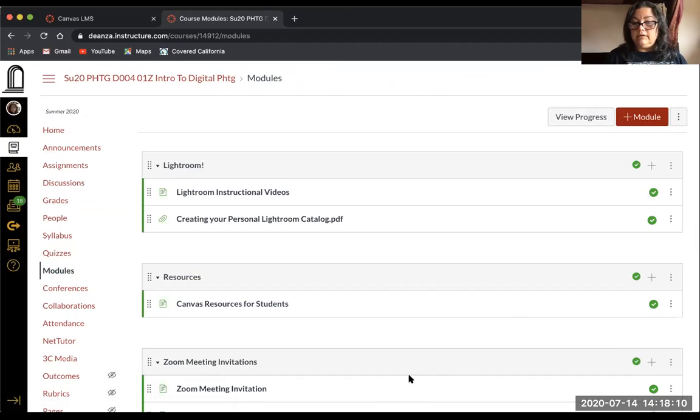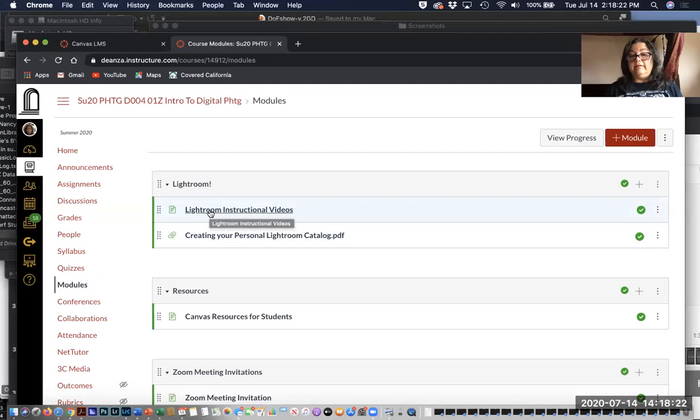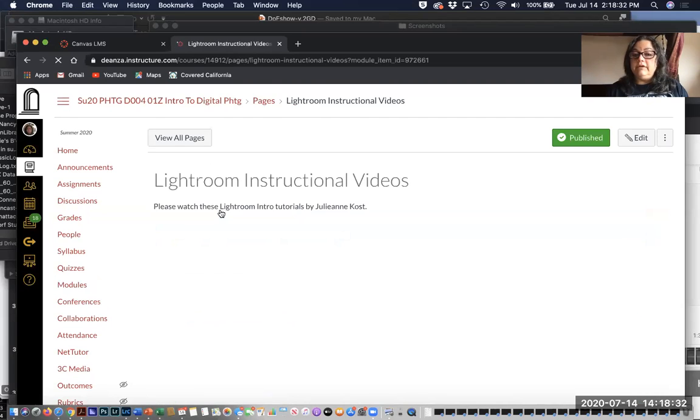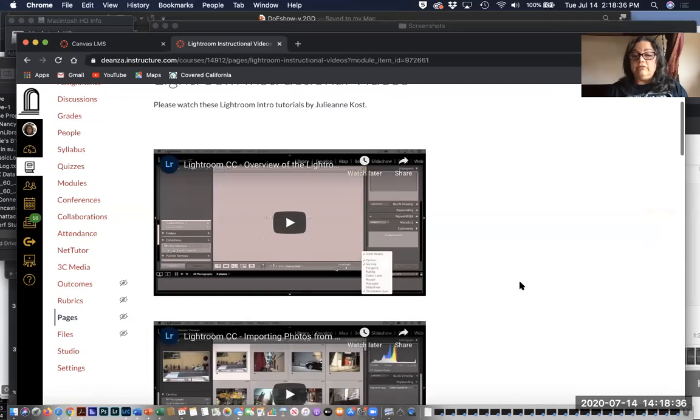So in the modules, on Canvas, at the top, it says Lightroom, and there are Lightroom instructional videos and creating your personal Lightroom catalog. So in the instructional videos, if you haven't begun watching them, please do.